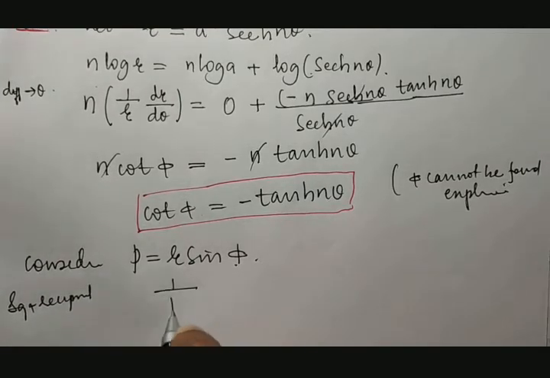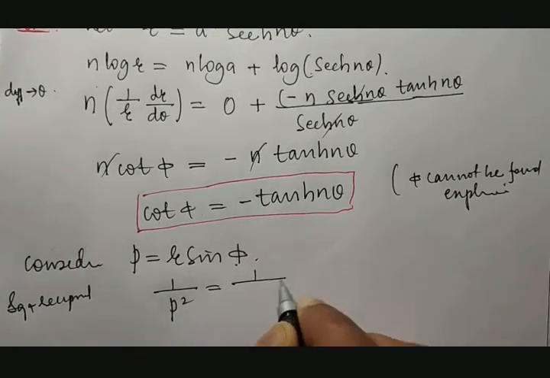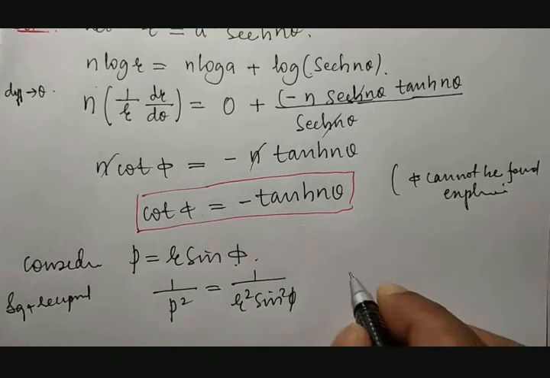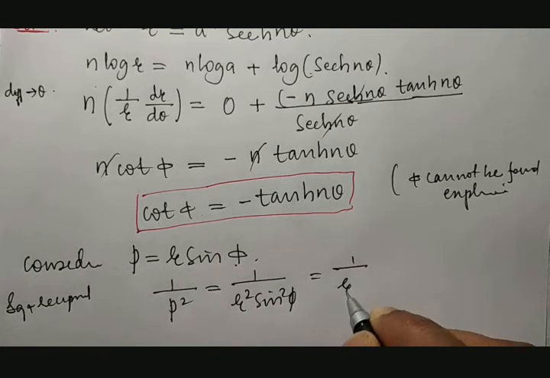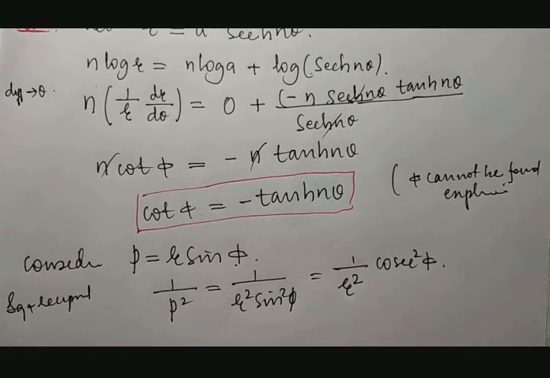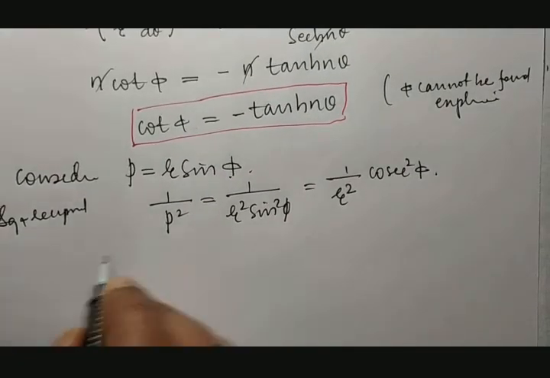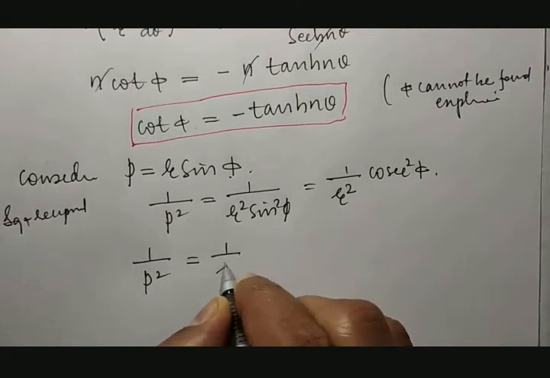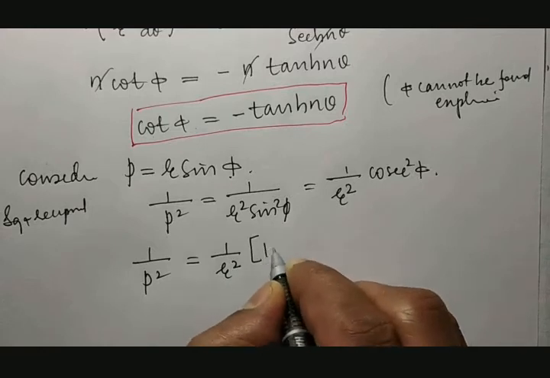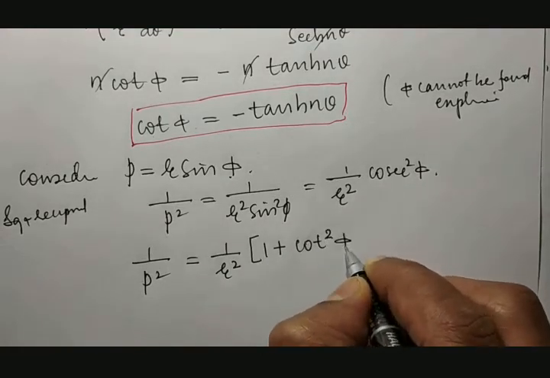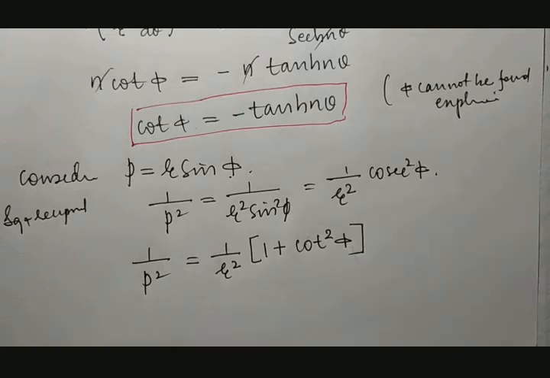That is 1 divided by p square is equal to 1 divided by r square into sine square phi, which is nothing but 1 divided by r square into cosec square phi, which is 1 divided by p square is equal to 1 divided by r square into bracket 1 plus cot square phi, since cosec square can be written as 1 plus cot square phi.